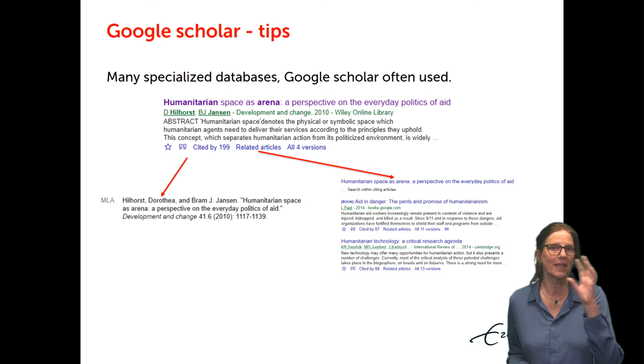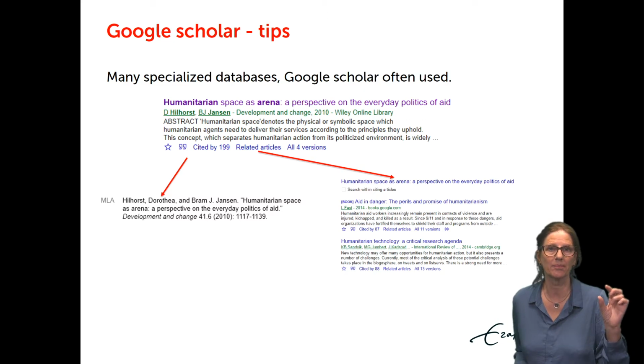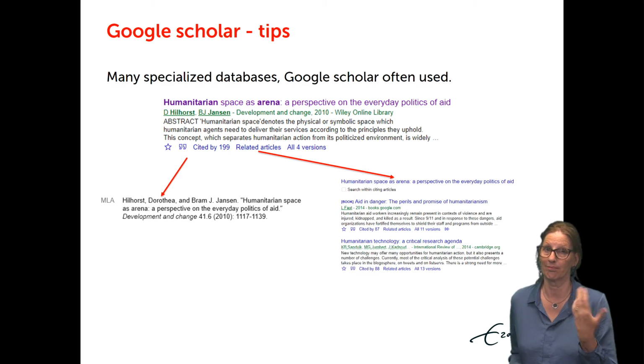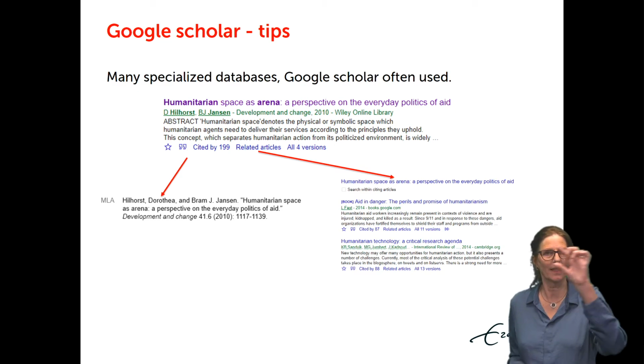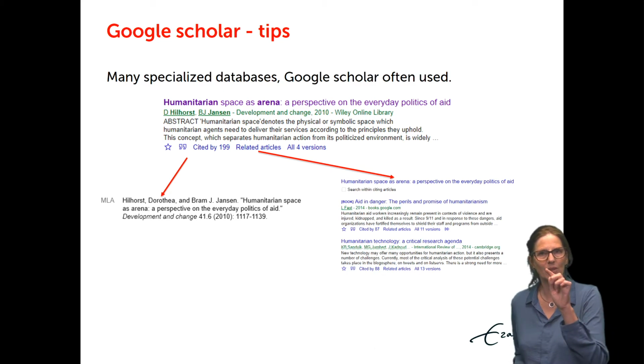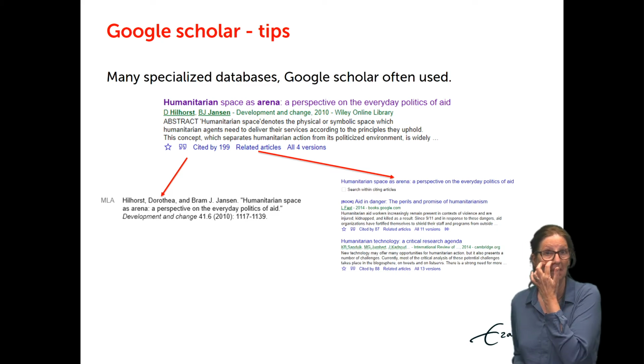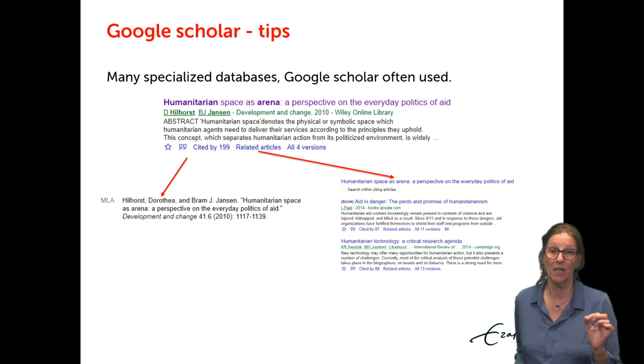Now, I have an example here of one item that you could have found in Google Scholar if you asked for humanitarian arenas, which is my topic. So this is what you will see in Google Scholar. Now, if you go to those two brackets below the reference, that is a very, very handy feature of Google Scholar.